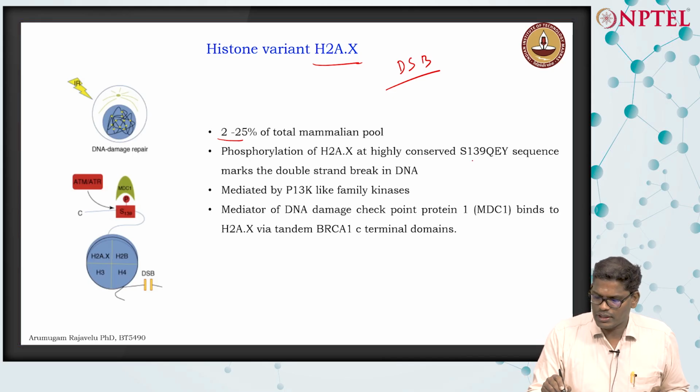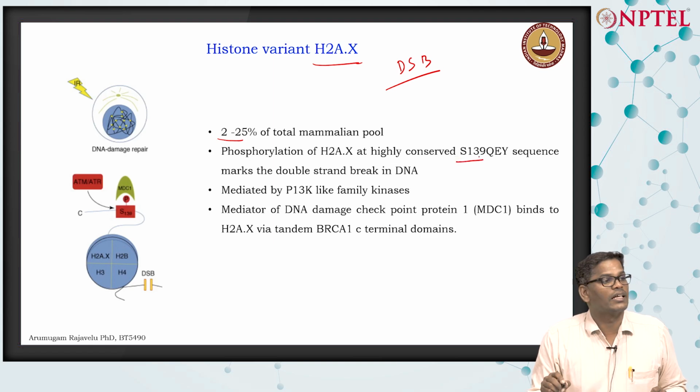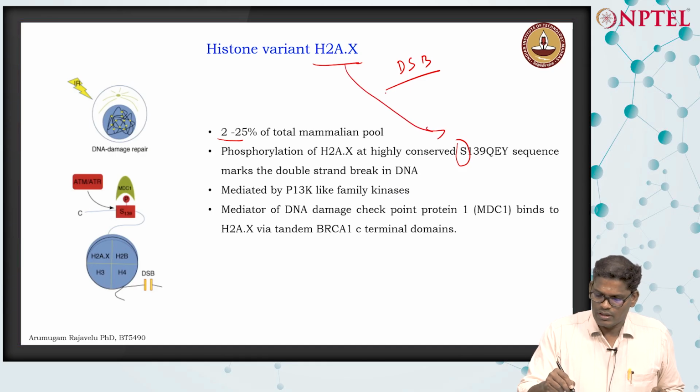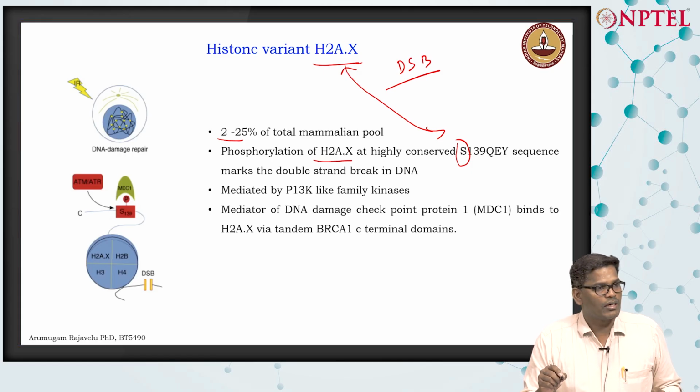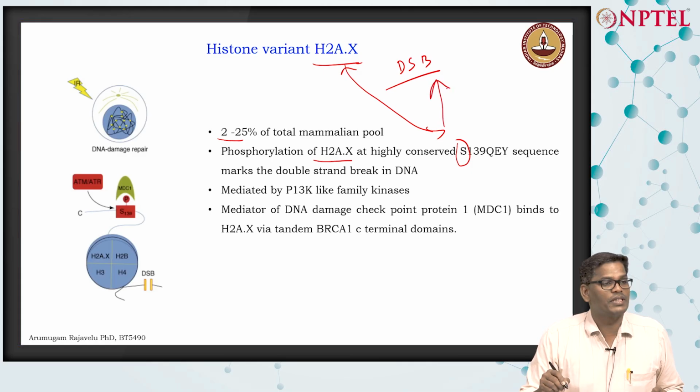And there is one particular residue, serine 139, which gets phosphorylated in H2A.X. The phosphorylation of H2A.X at this position is a very important site or marker for the DSB, double stranded break, in the cells. This phosphorylation is done by the PI3K-like family of kinases.